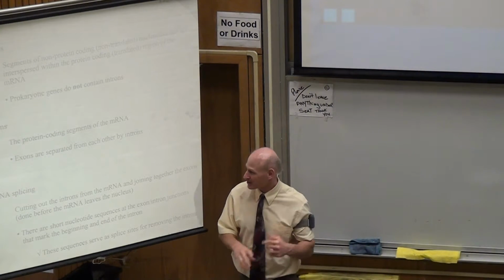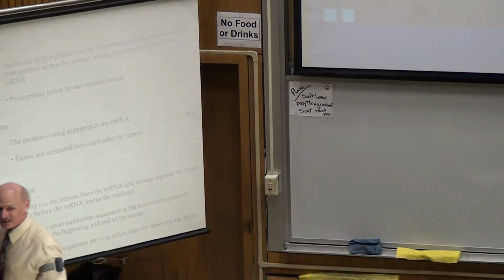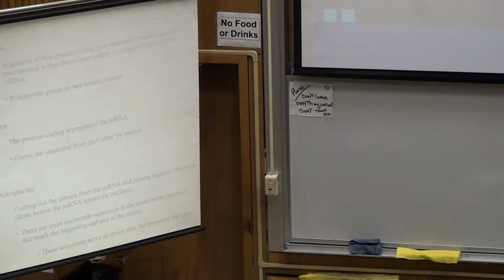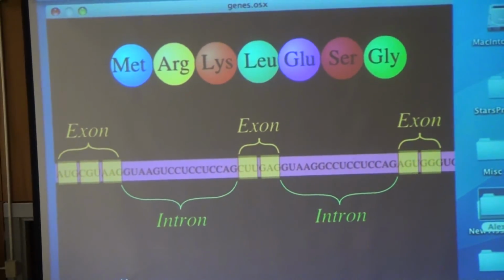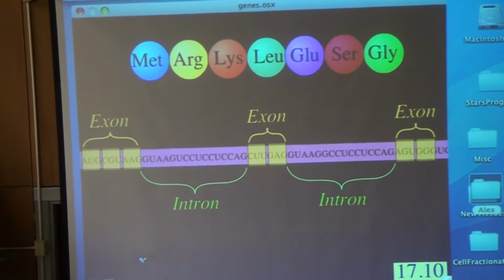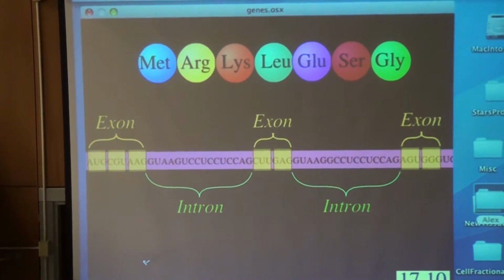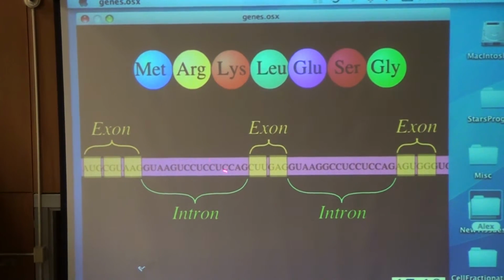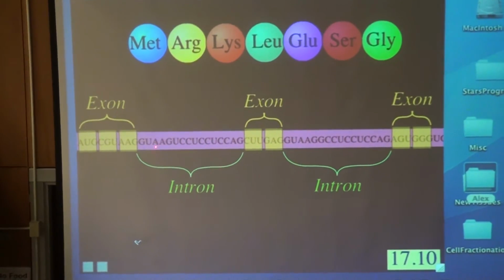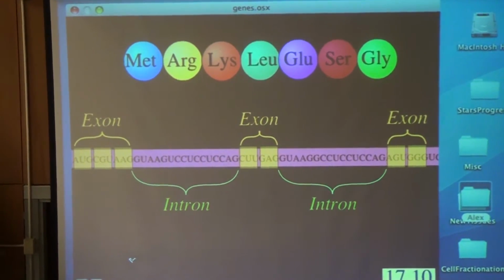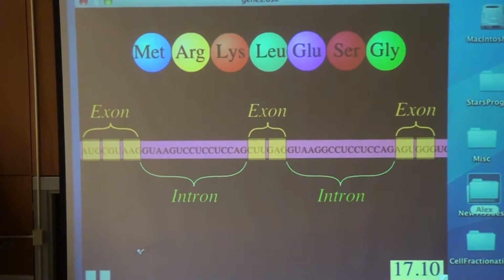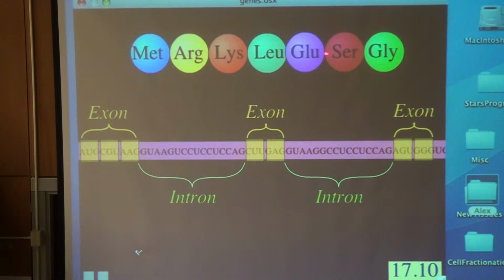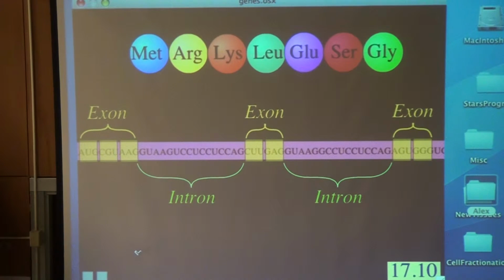Okay, so let's do a quick review of introns. Here's this diagram. I guess I showed you this last time. This is supposed to be a pre-mRNA, as it's just been transcribed from the gene, and the protein up above is the protein that's supposed to be made from this particular RNA.